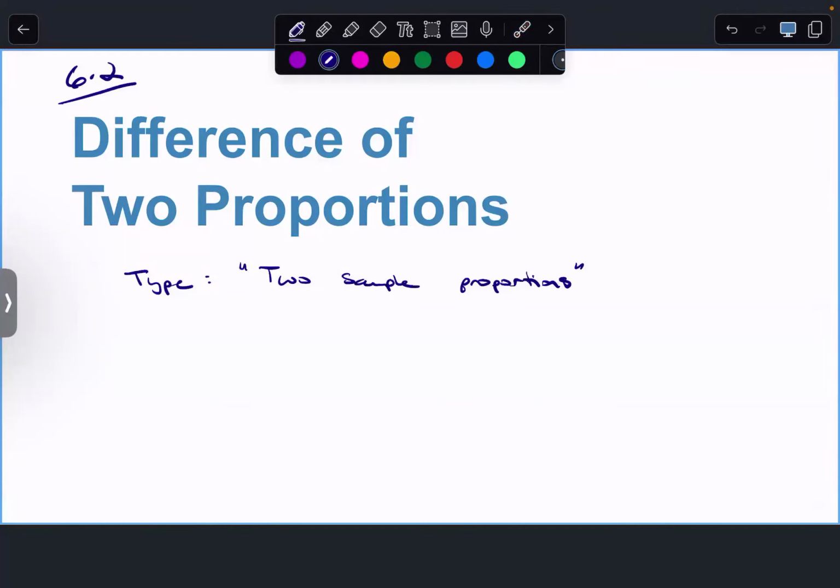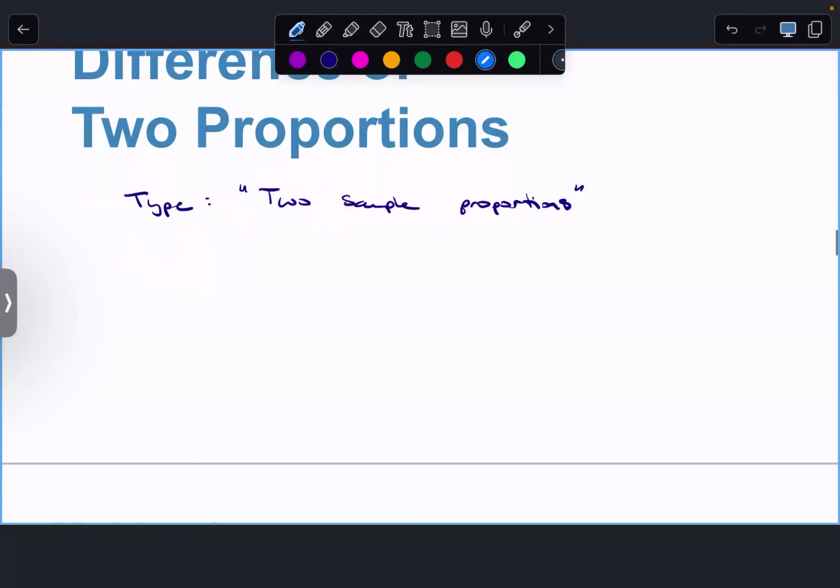So what that's going to look like is we're going to do inference about P1 minus P2. How do these two things compare to each other? Okay. And so usually I'm interested in, hey, are these two different from each other? What do I have to do?